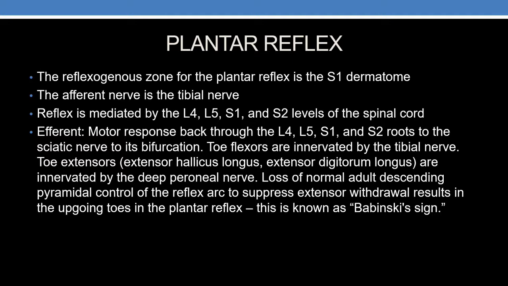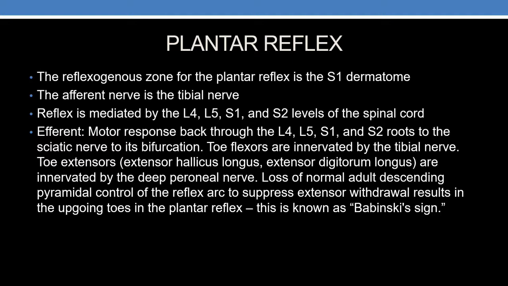Due to corticospinal tract injury or upper motor neuron lesion, there's lack of suppression, or lack of inhibition, of the extensor withdrawal response, and therefore we get an actual extensor withdrawal response, and that's manifest as the great toe, the big toe, moving away into extension.